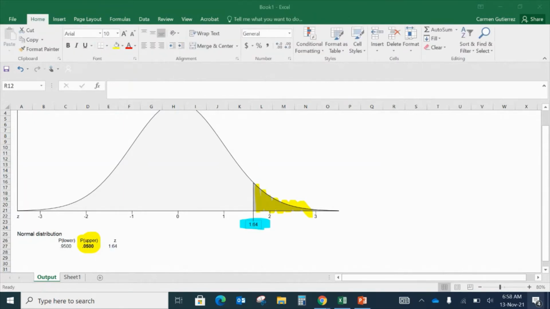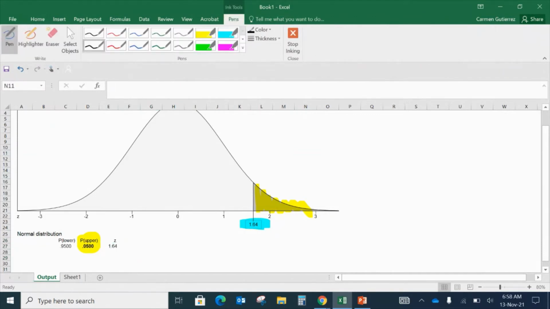If I come to this 1.64, the number is actually 1.644853. It has many digits, so the slide says 1.65 because it was rounded up. From here, the critical value is 1.64.